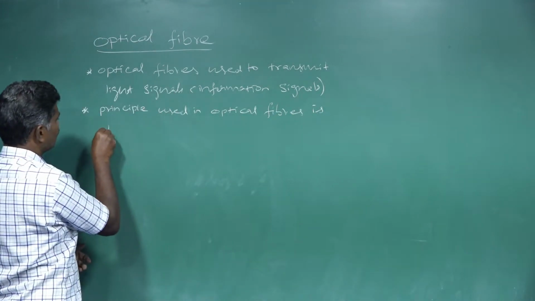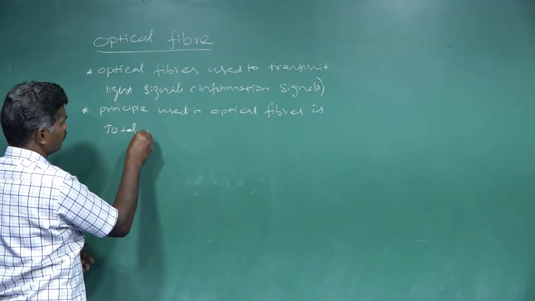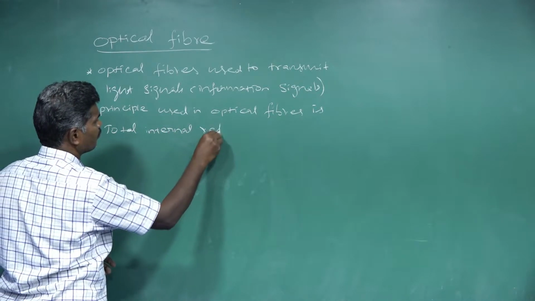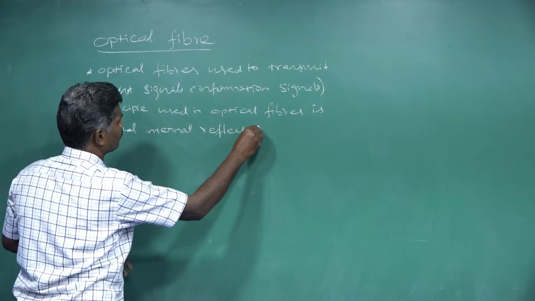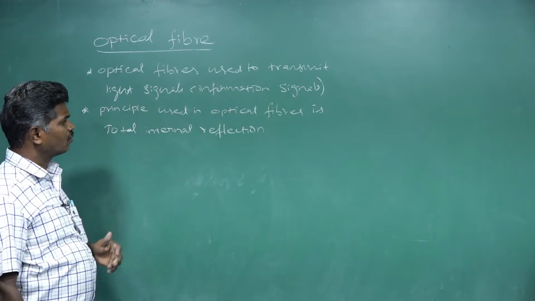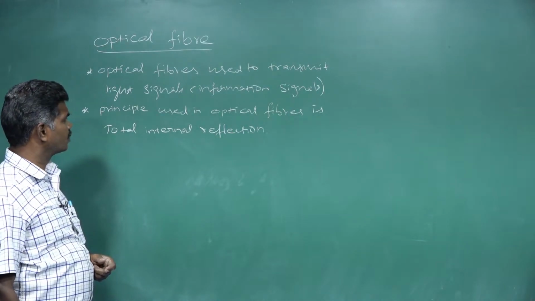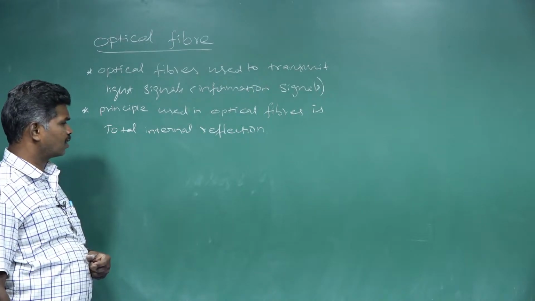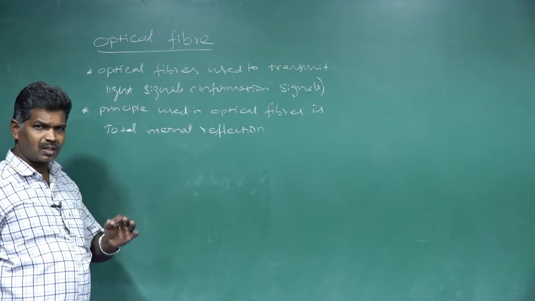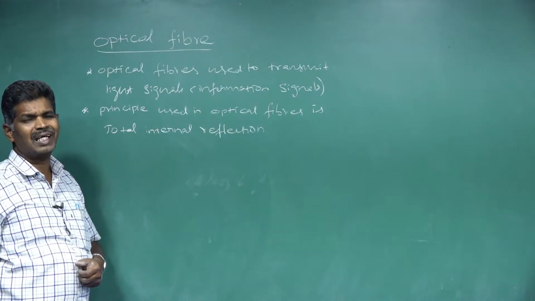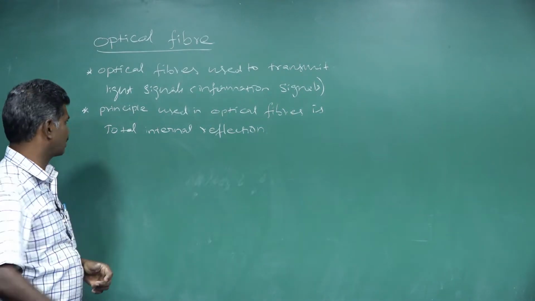We have seen what it is used for and what principle we are using. Next, it is in a cylindrical shape, which may be made of either glass or plastic.